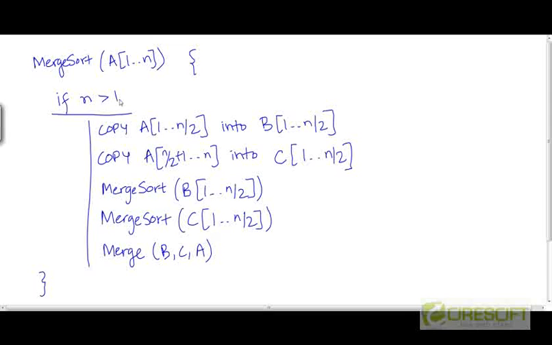If the size of the array is equal to 1, then we do nothing. Basically, we just exit directly. And that's because if the size of the array is 1, then we don't really need to do anything to sort that array. It's a trivial case. So we'll assume here that the size of the input array is more than 1, and more conveniently we're going to assume that it is a power of 2.